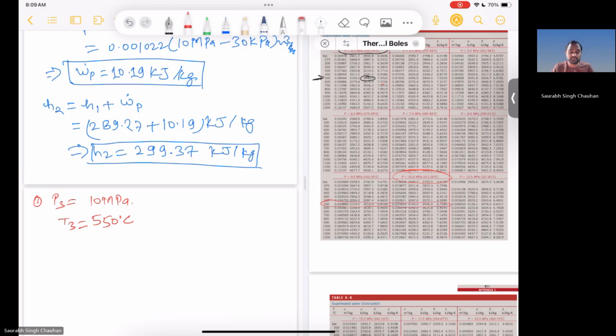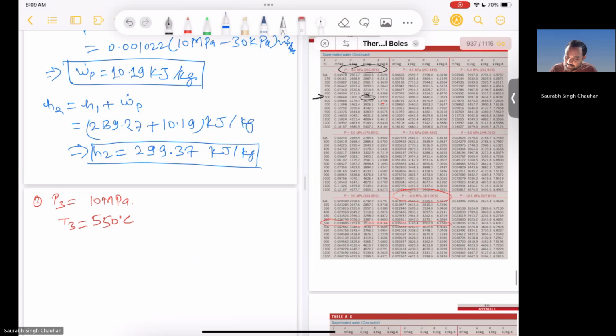Okay, we have H3 equal to 3502.0 kilojoule per kg.